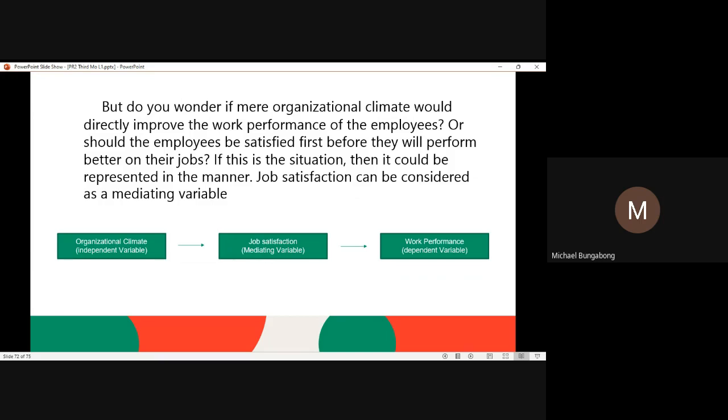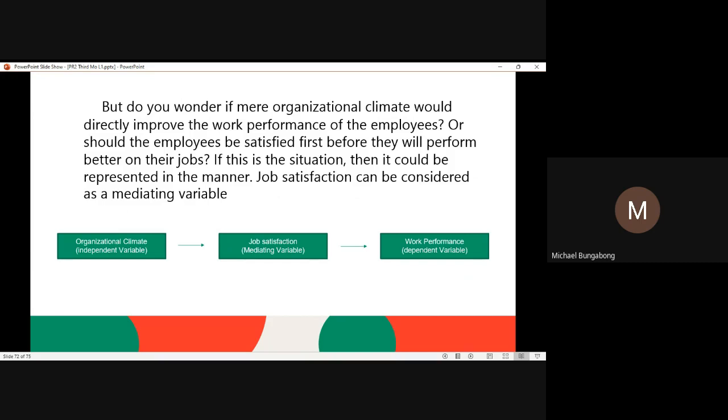A question of intelligent guess. Ano bang pwedeng mangyari dyan? Mag-i-improve ba ang performance ng isang empleyado kung may nakikita siyang magandang benefits para sa kanya, right? So if this is a situation, then it could be represented in the manner of job satisfaction, right? So we can consider that there is a mediating variable, no?